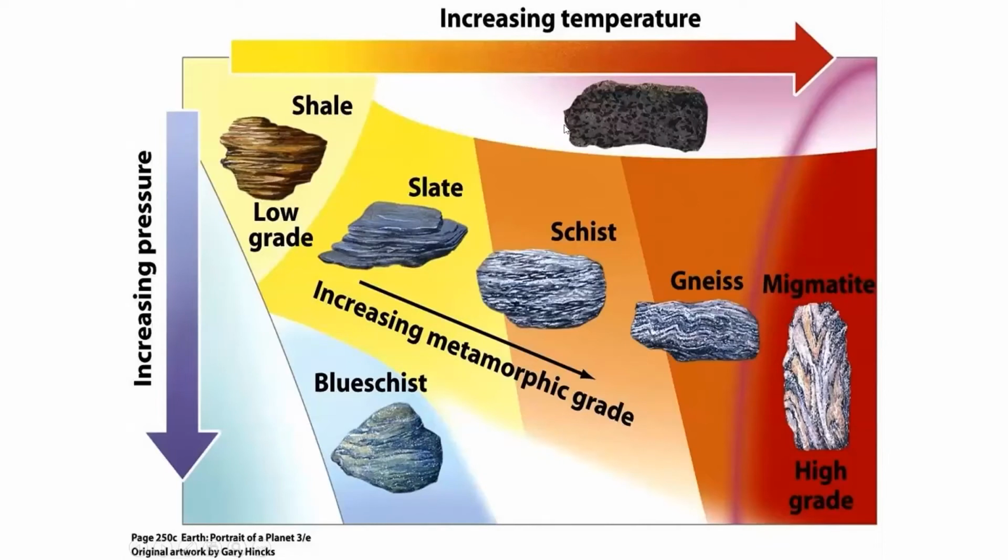With increasing temperature, you will get shale, slate, schist, gneiss, migmatite. With increasing pressure, what will happen? Low grade, with increasing metamorphic grade. See, the color, texture, everything will depend on the temperature and the pressure.